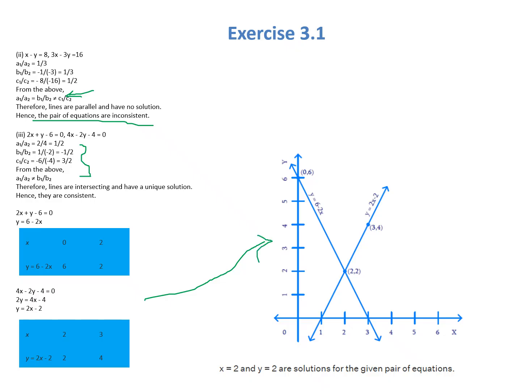When we draw the graph, we need to ensure that the gaps between the points on the x-axis and the y-axis are exactly measured with the help of the scale. Then only we would be able to derive the solution. So the solution that we have derived is 2 and 2, which is the unique solution for a particular pair of linear equations in two variables. This is very, very important. So we'll move to the next slide.